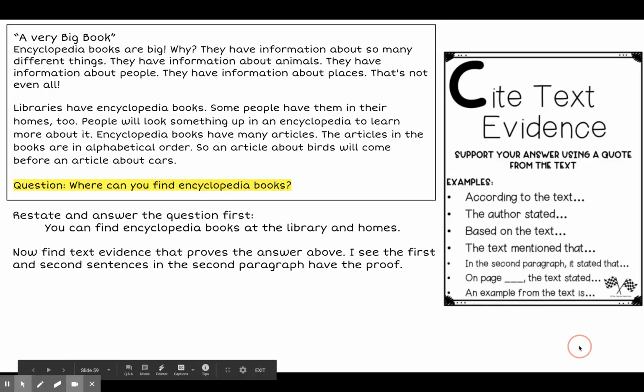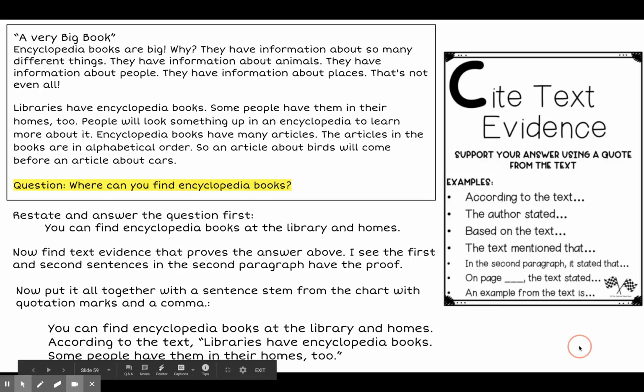So let's see how we can put that together. Okay, so I'm going to put it all together. So you can find encyclopedia books at the library and at homes. That was my sentence from before. According to the text, there's that sentence stem over there. Notice the comma, then the quotation marks.